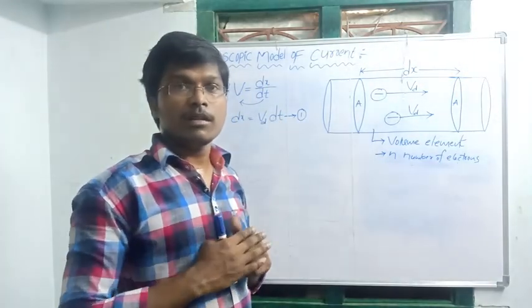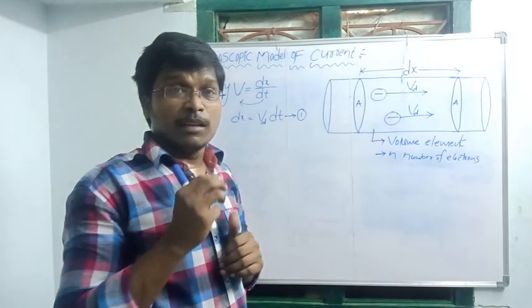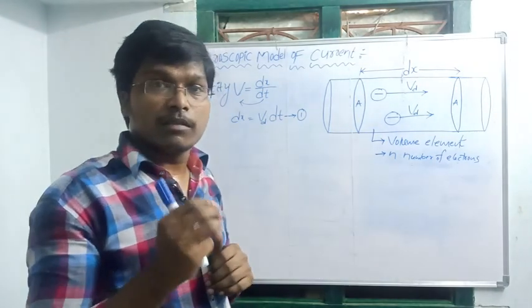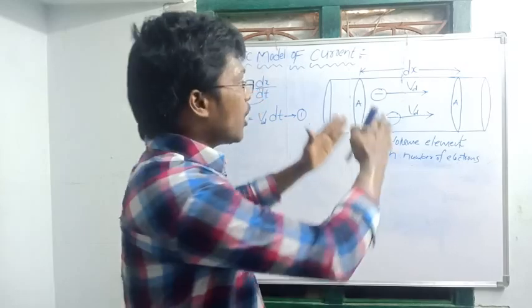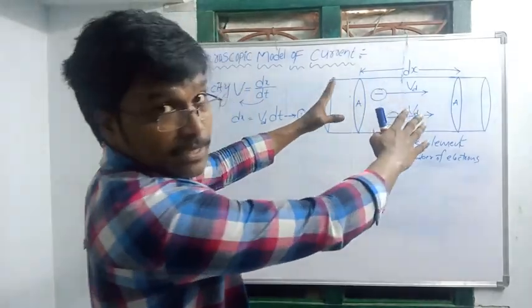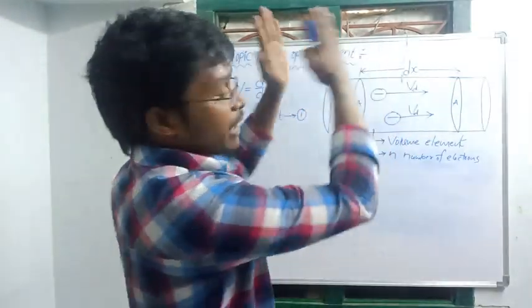Now next, we have to find how many electrons are present in that volume element.